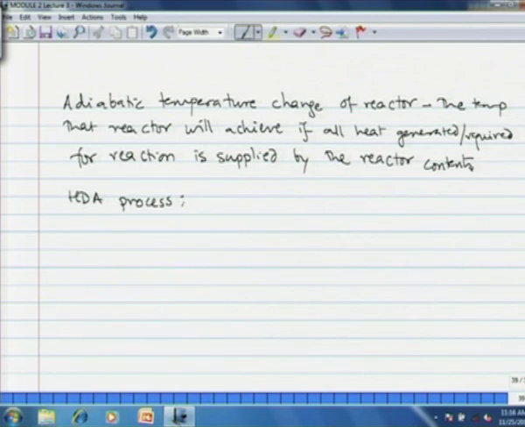The heat of reaction of HDA process is minus 21,530 BTU per mole toluene.